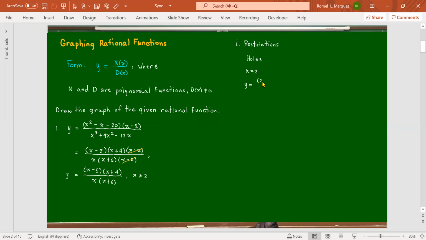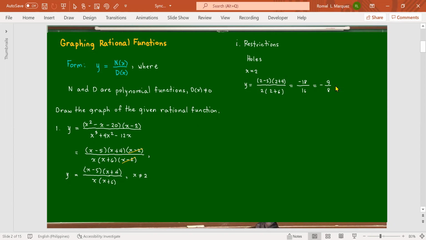So we have 2 minus 5, 2 minus 2 plus 4, all over 2 times 2 plus 6. And this is equal to negative 3 times 6, negative 18, all over 2 times 8, that is 16. And that is equal to negative 9 over 8. Am I correct, guys?